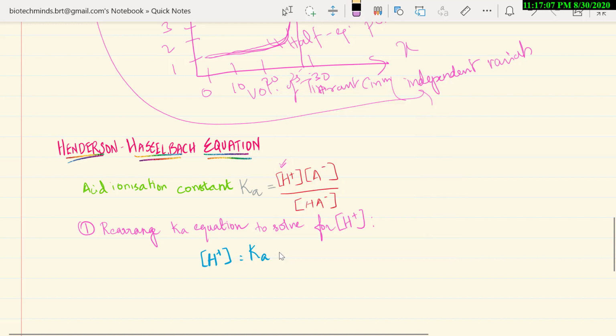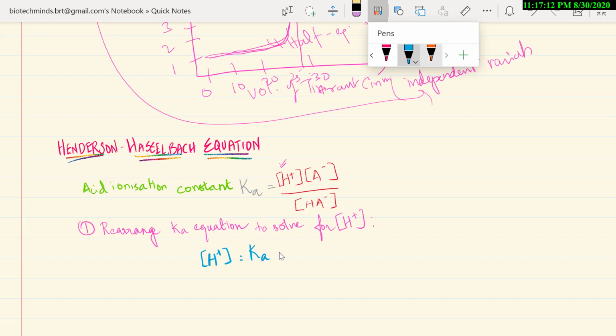I think you are getting the point. So let me write it with a different pen for easy understanding. It is HA, because it is a weak acid, right? HA divided by its conjugate base. Now this is the first step. Next, the second step. What do you mean by the second step?